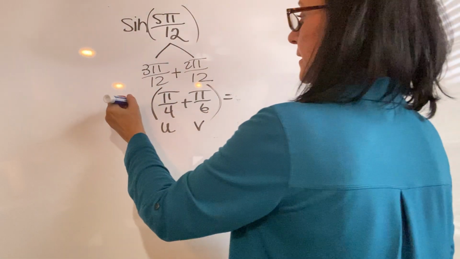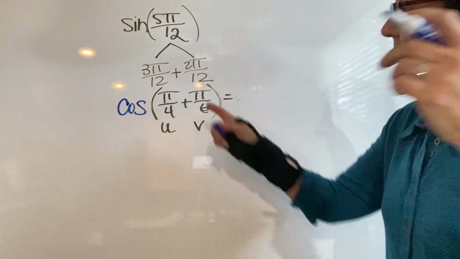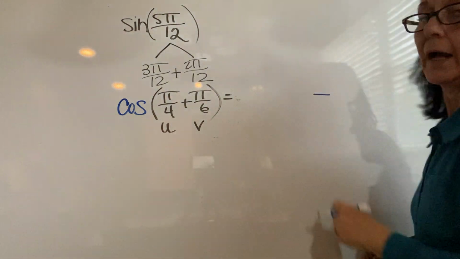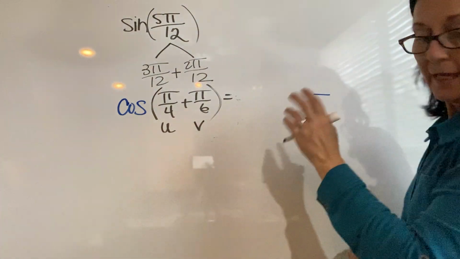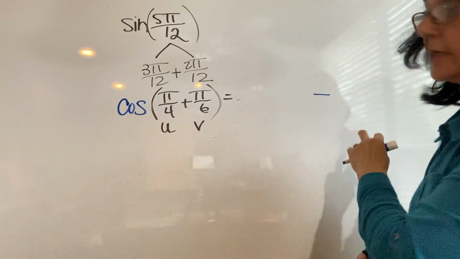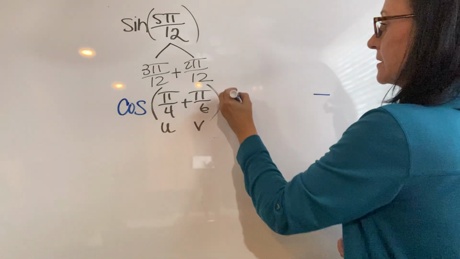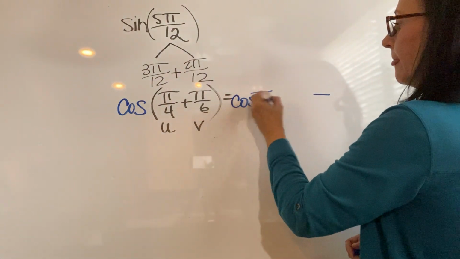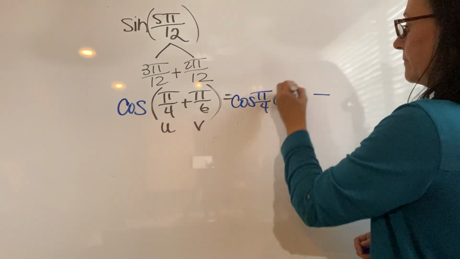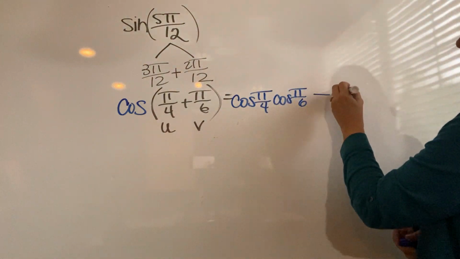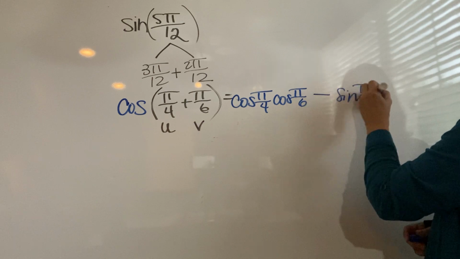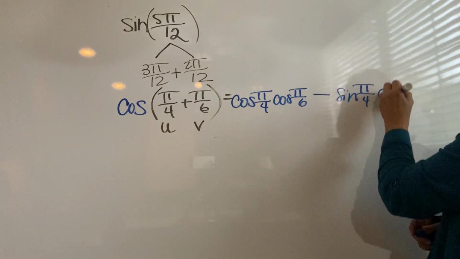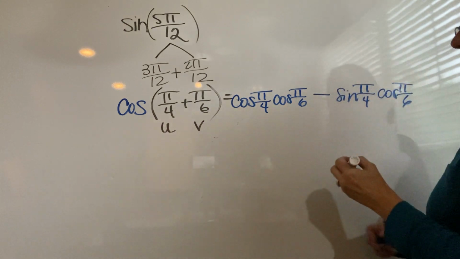So if this were instead cosine, with your cosine plus here is minus. And your first two terms are cosine, your second two terms are sine. So it's cosine pi over 4 times cosine pi over 6, sine pi over 4 times sine pi over 6.